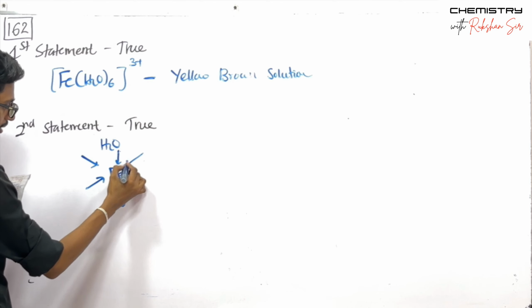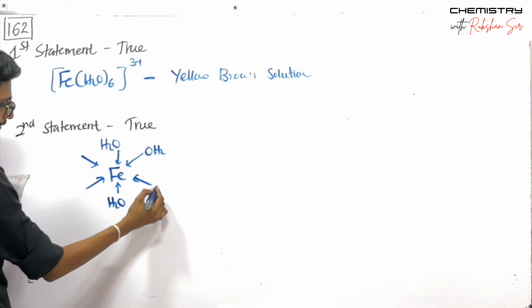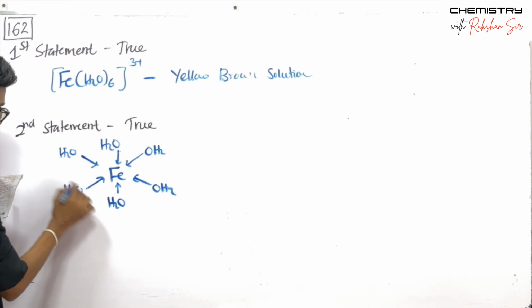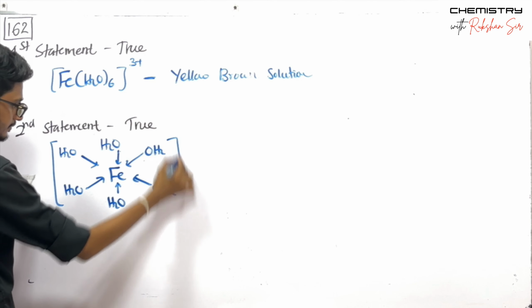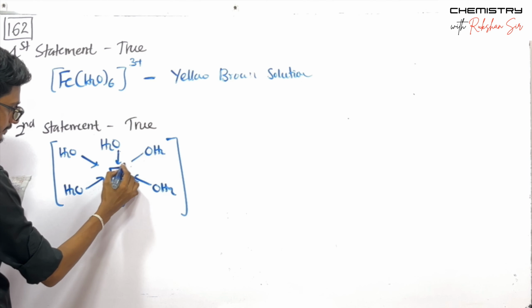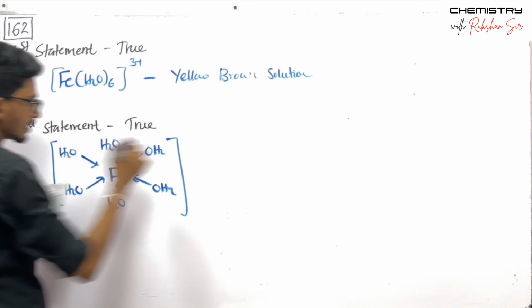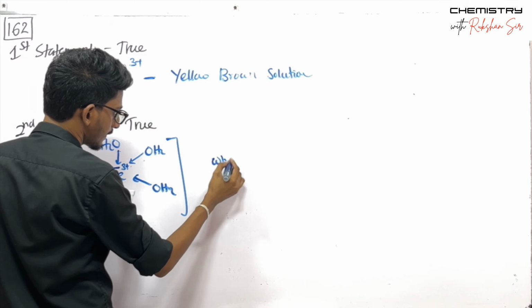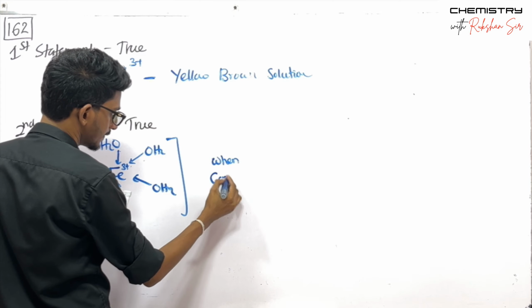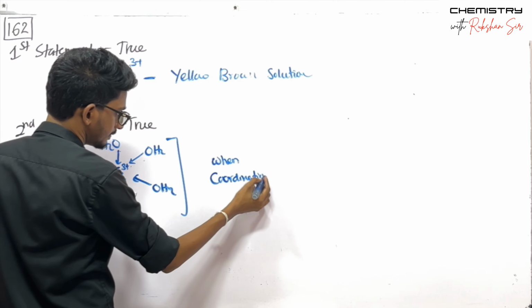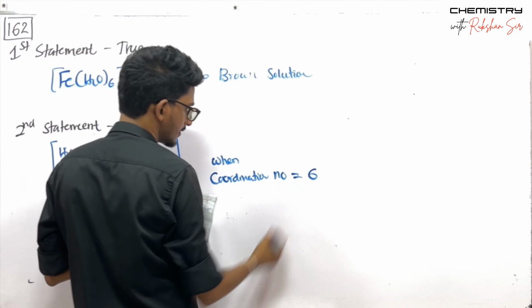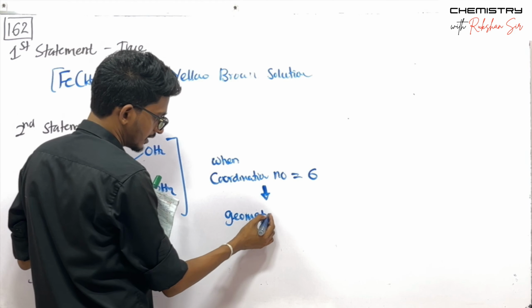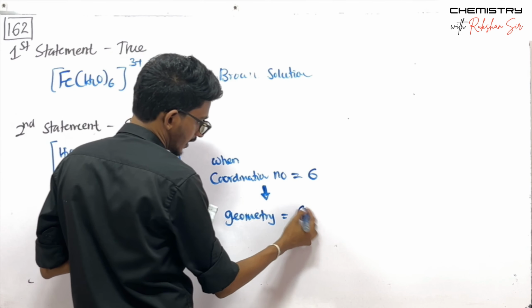No other geometry is possible with coordination number 6. When coordination number equals 6, geometry equals octahedral.